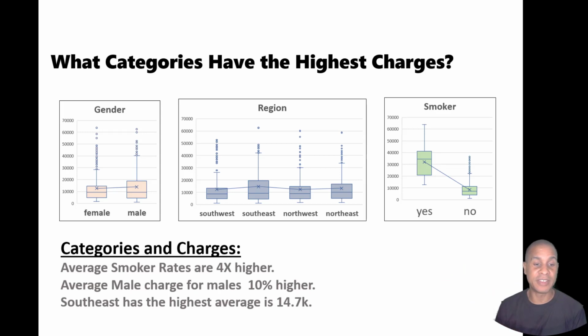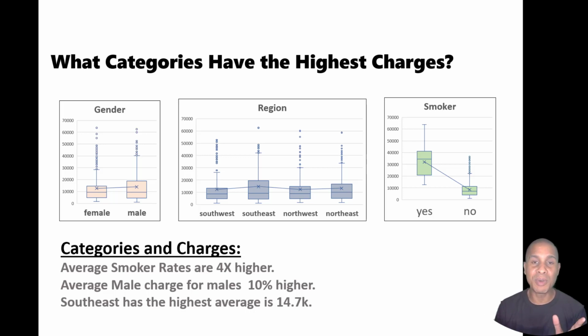So categories. Our categories are gender, region, and smokers, and we want to know how that affects the average insurance rates for those. Smokers are paying about 4 times higher on average, while males are about 10% higher. And then Southeast has the highest average rate at $14,700.